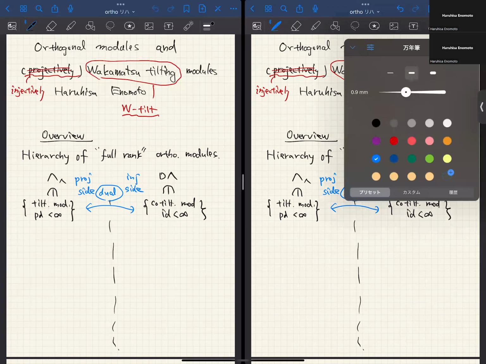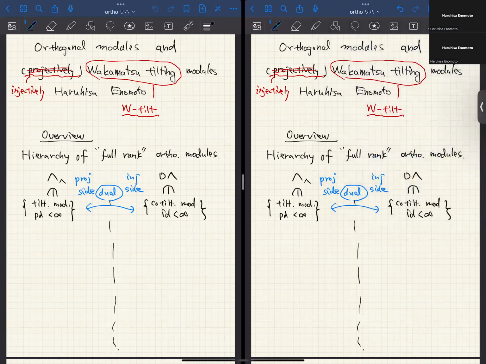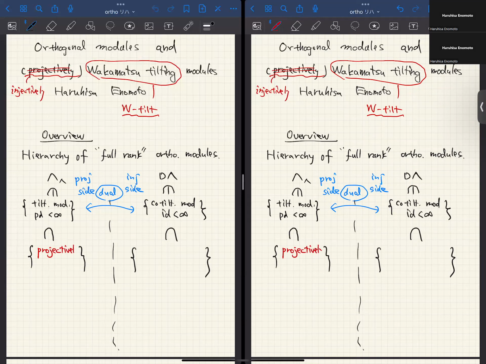Then the main topic is a notion of special Wakamatsu tilting modules, which I will explain. Here there are two dual notions, which are already in the title of my talk. The projective side is projectively Wakamatsu tilting module. This is a kind of full rank module which generalizes tilting modules.